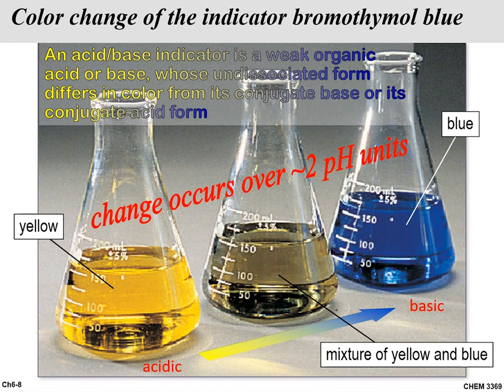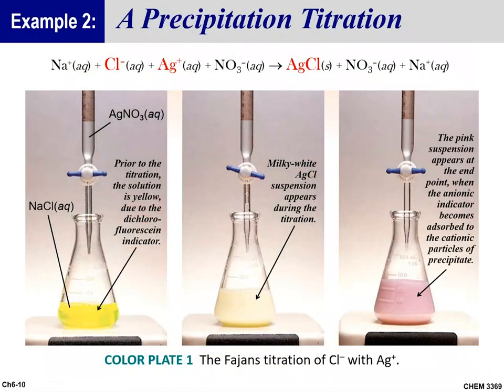So for now, we're going to leave this, and we're going to take a look at the precipitation titration. The previous example was acid-base titration. This is the precipitation titrations. And these titrations are based on reactions that yield ionic compounds of limited solubility.